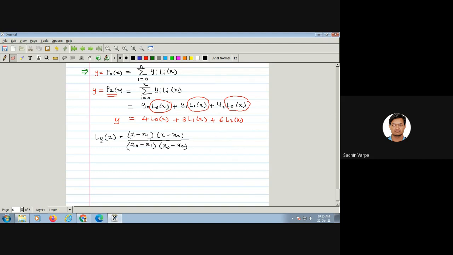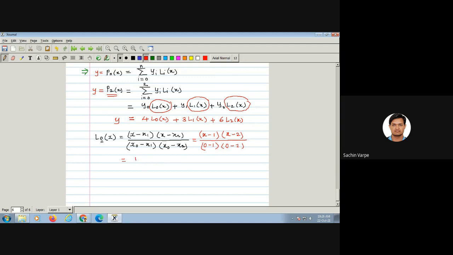So let us substitute the values of x1, x2 and x0 into this. So what we get? x minus x1. What is x1 given? x1 is 1. x minus x2, x2 is 2. Upon x0, x0 is 0. So 0 minus 1, 0 minus 2. So what will be the value then? This is minus 2 and this is minus 1.